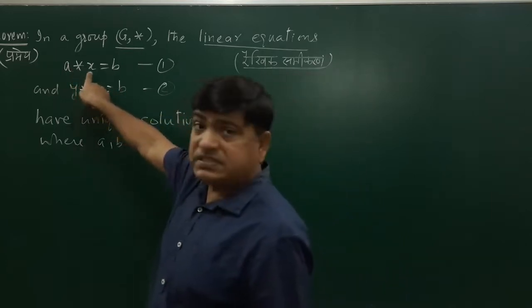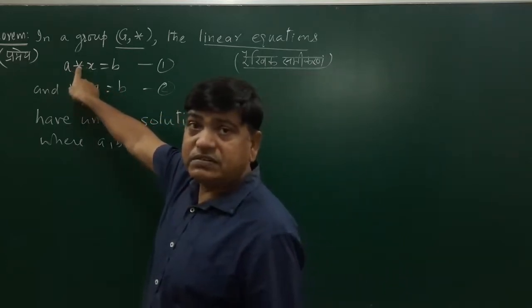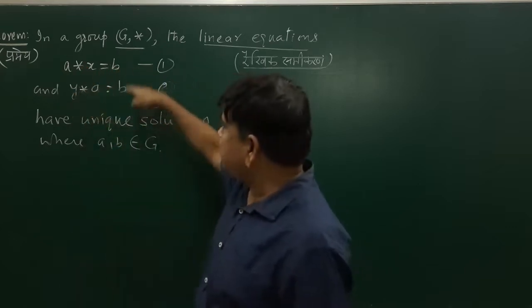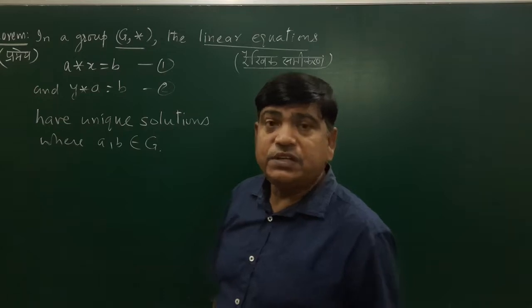A star x equals b, y star a equals b, where star is the binary composition. So these two equations have a unique solution.